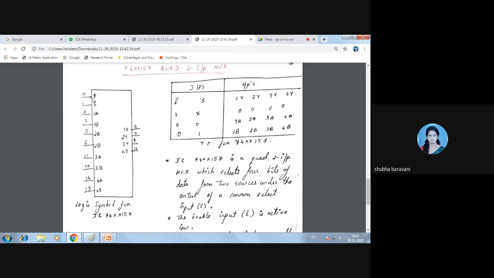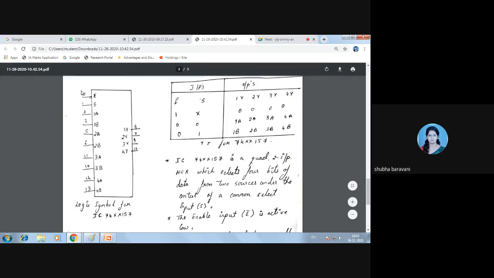So see enable bar. If you give 1 here, then this will be 0, so your IC is in inactive mode. If your enable bar is 1, your IC will be inactive and you will not get any output, so I have written all zeros here.